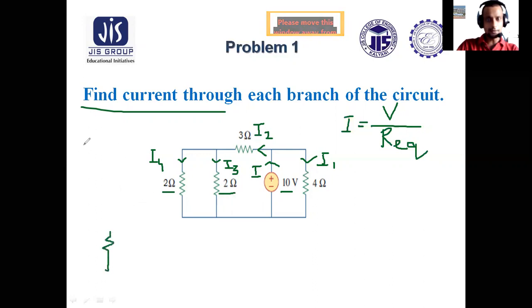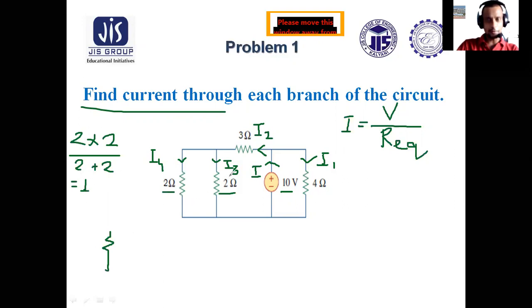2 parallel 2 means R1 R2 by R1 plus R2. This is the formula for equivalent resistance calculation of parallelly connected resistors. So 2 into 2 is 4, divided by 2 plus 2, which is 4.